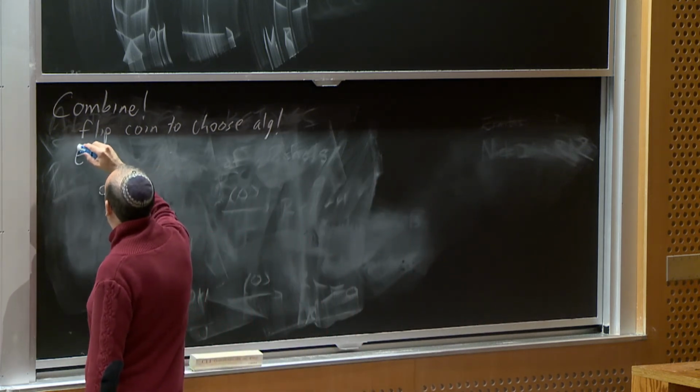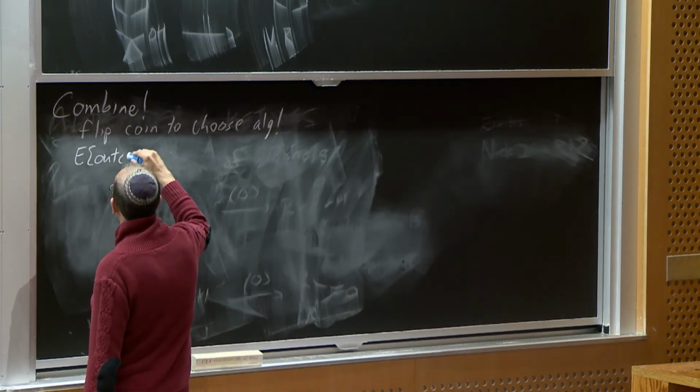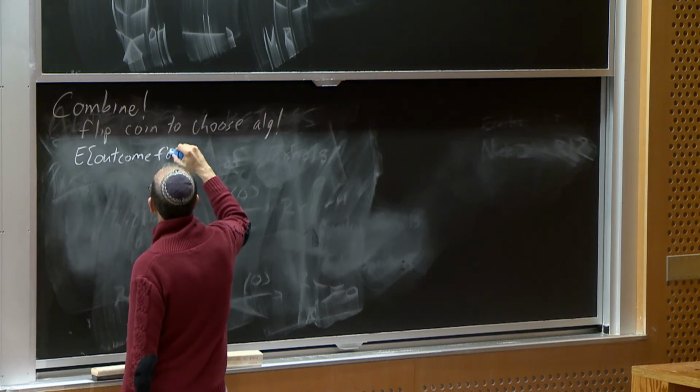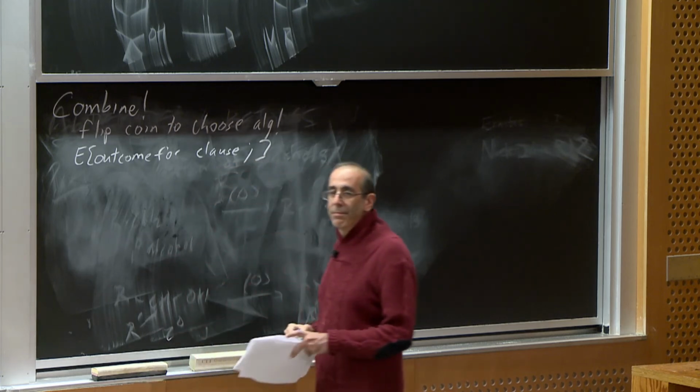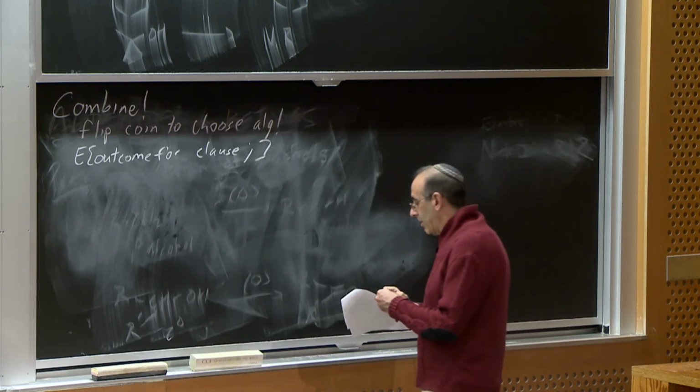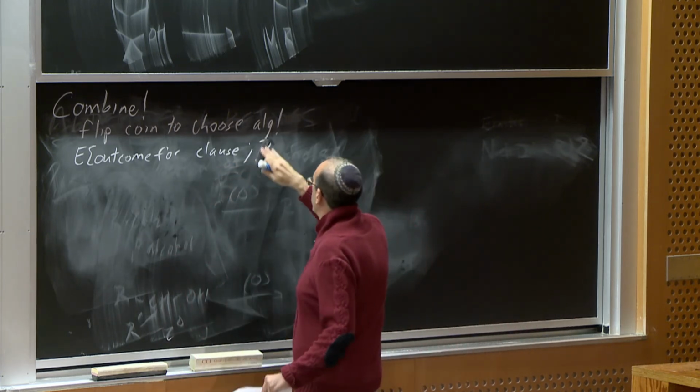What is the expected outcome for clause J? Let's say that clause J has size k.